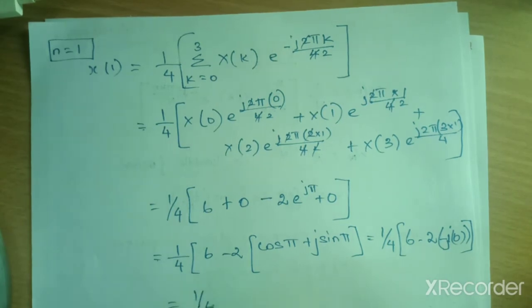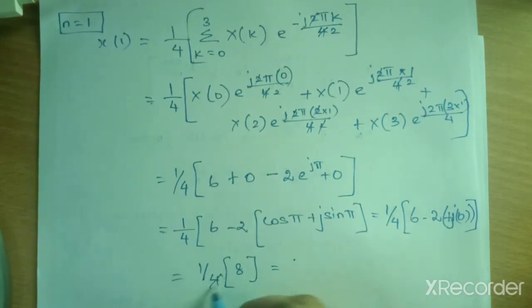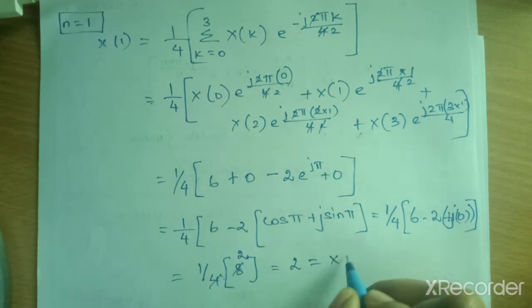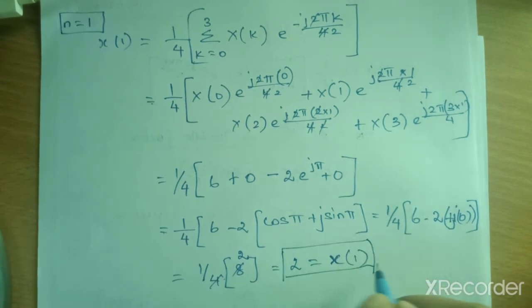So 1 by 4 into 6 minus 2 times minus 1 plus j 0. So we have minus into minus plus 2. So 6 plus 2 will give 8, divided by 4 which is equal to 2. The value of small x of 1 will be 2.